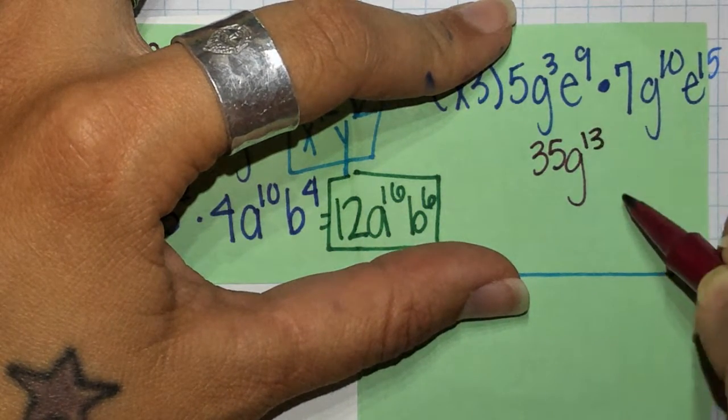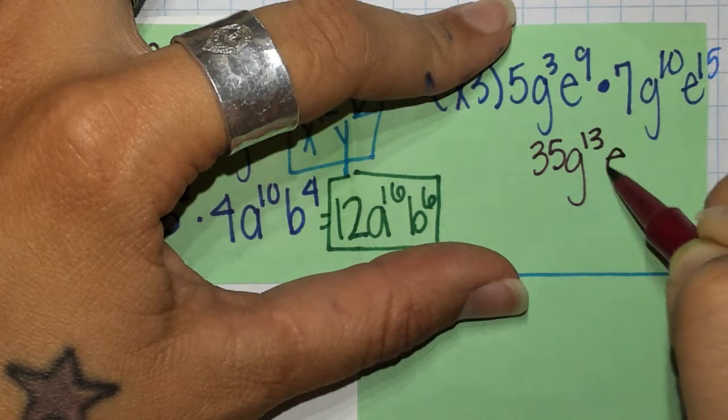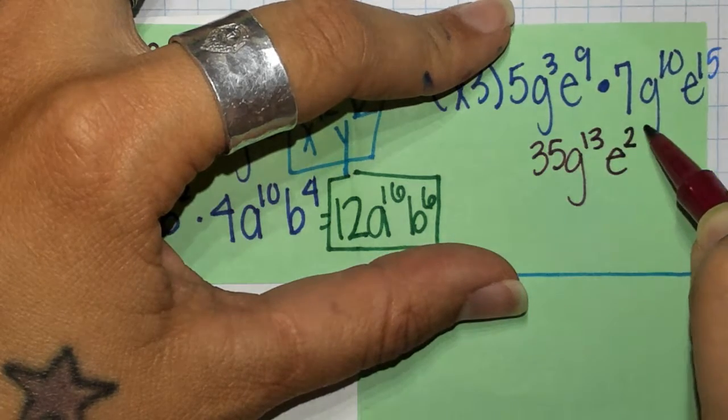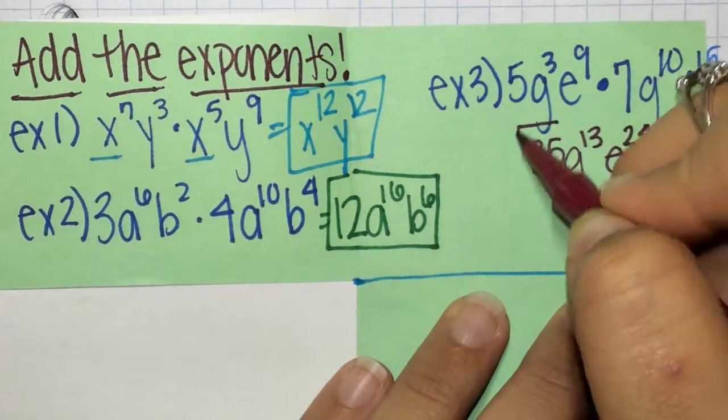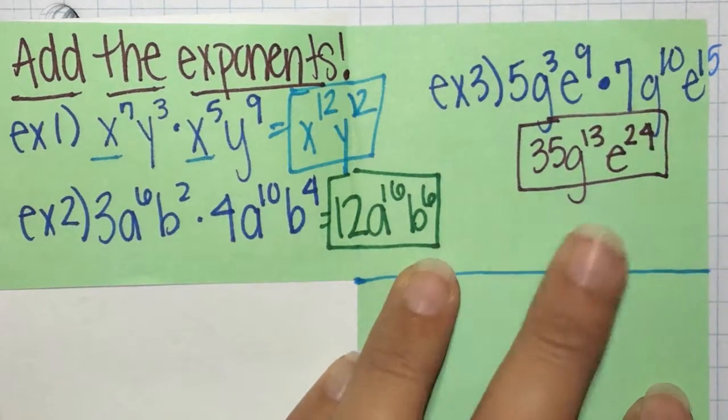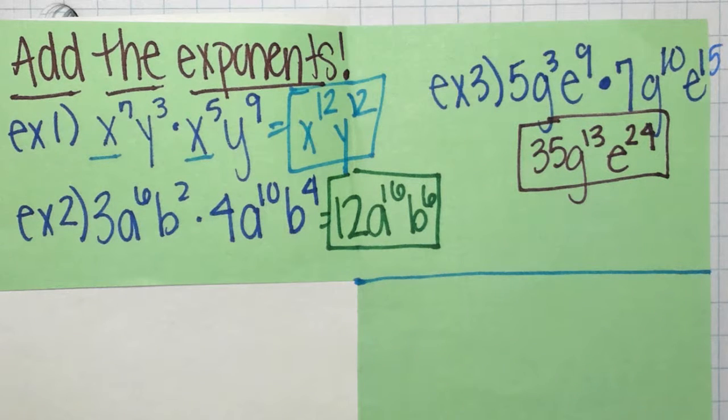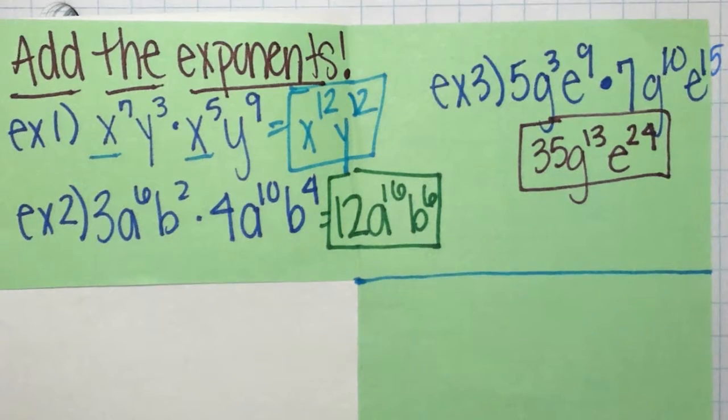To the 13th power. 24th power. Yes. All right, did y'all get 35 times g to the 13th power e to the 24th power? If everybody at your table got it, give your team 2 points. And Jacoby, you get an extra point for answering. Good job.